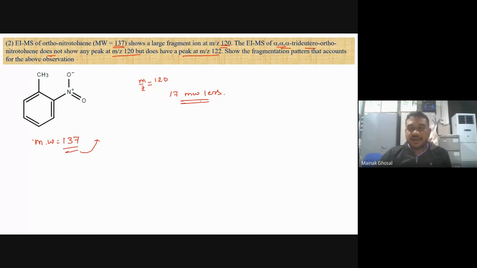Also, you have some more information that it is deuterated, the alpha, alpha, alpha-trideuterio ortho-nitrotoluene. So suppose I am drawing this: this is CD3, and this is NO2.